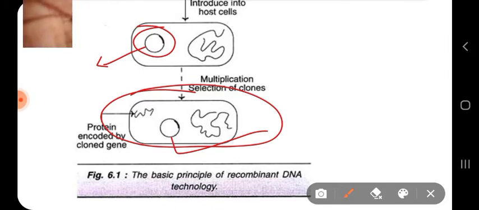Nowadays, there is a big problem. We normally use E. coli cells, as in all the diagrams you will see in your sixth semester also. The genes that we have inserted into the vector may not get expressed properly, for many reasons.